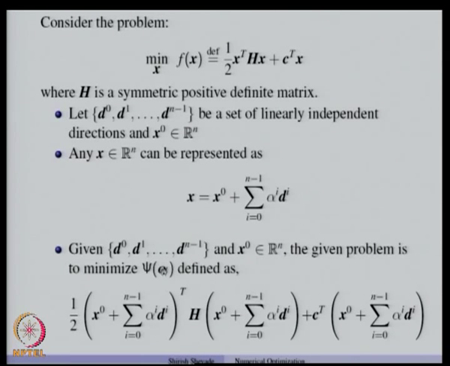Note that alpha is a vector that contains alpha 0, alpha 1, up to alpha n minus 1, and each of these alphas is a real number. So, we have a representation of x using n real valued alphas.